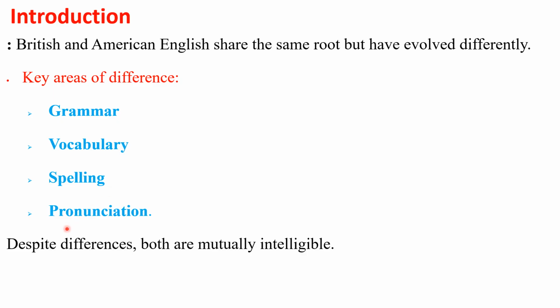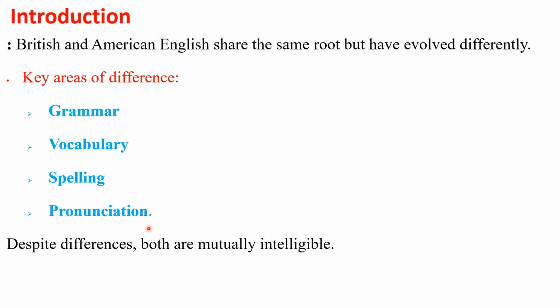Now let's see pronunciation differences. In American English, car is pronounced with the R sound at the end of the word. Whereas in British English, the R sound is often dropped after a vowel.